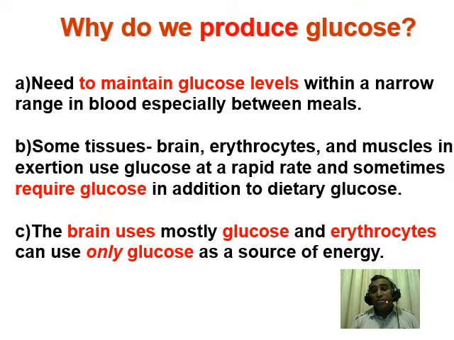If the blood sugar drops below 2.5 millimolar concentration in the blood, it could lead to a devastating effect where the brain does not have glucose, and therefore it could end up causing the person to faint and become comatose, and even eventual death if the glucose is not restored.